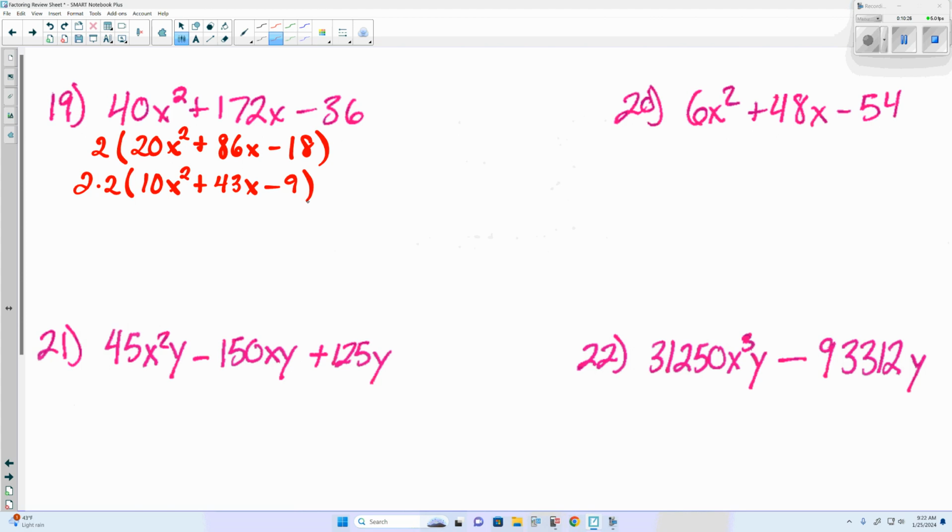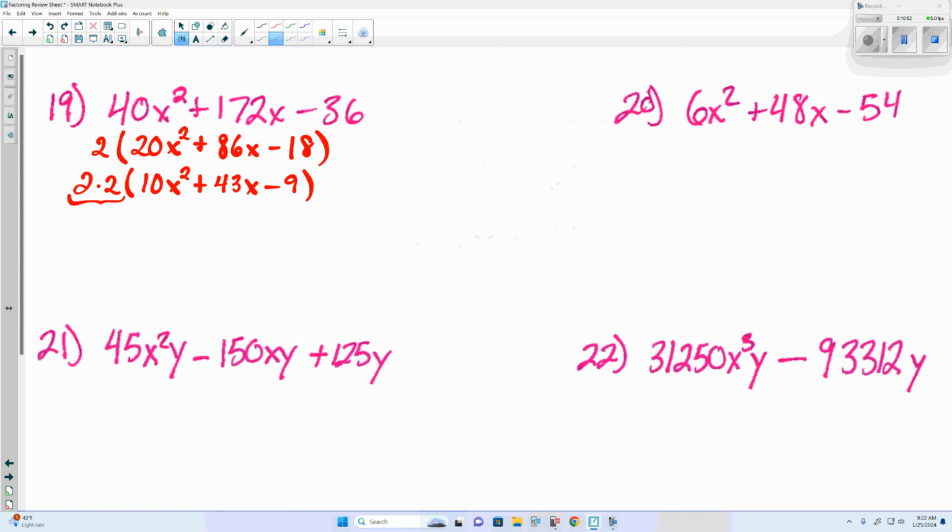So we pulled it out again. Now at this point, besides 10, because 10 does not go into 43 and 9, the only other factors of 10 are 2 and 5. It may be easy to see that 43 is not divisible by 2, and neither is 9. And 5 doesn't work for either of them, so we are out of common factors.